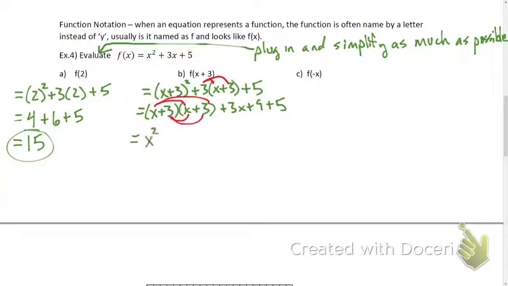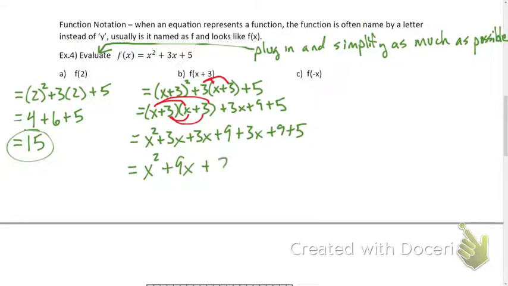We get x squared plus 3x plus 3x plus 9, and then we still have all this stuff. Now only add like terms and you're done. We only have one x squared term. 3x plus 3x plus 3x is 9x. And then 9 plus 9 plus 5 is 23. And you stop right there.